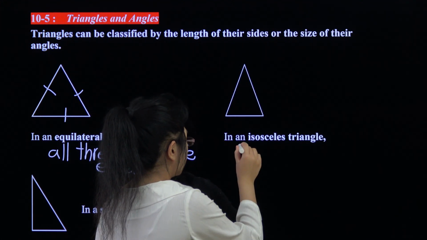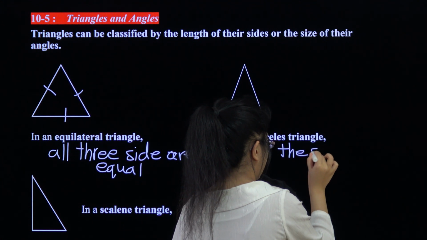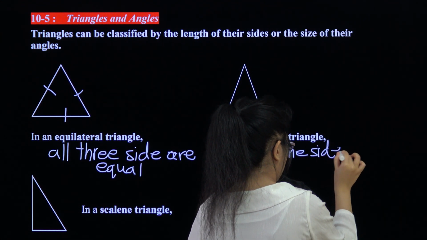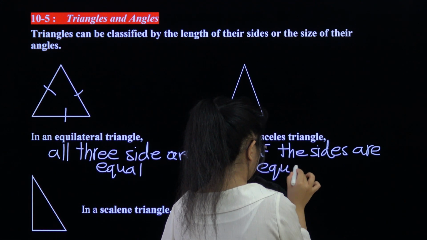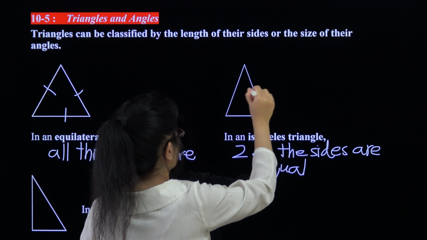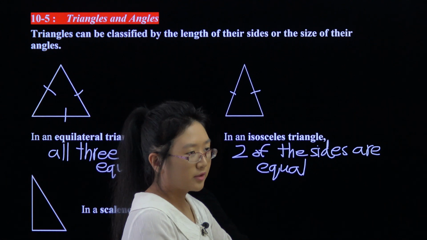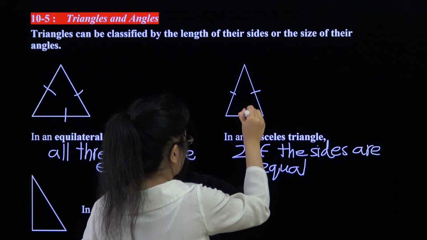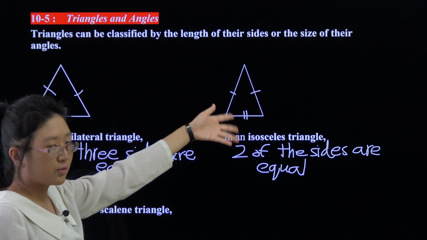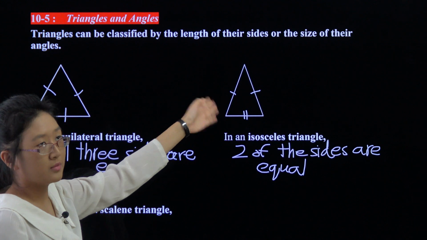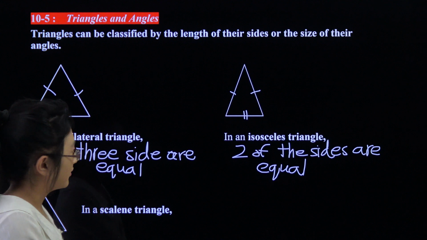But in this one, 2 of the sides are equal. So this one and this one are equal, and in this isosceles triangle, this one isn't equal. Yes, guys, if the lines are of equal lengths, you use the same number of marks. If they're different, then you use different numbers of marks.